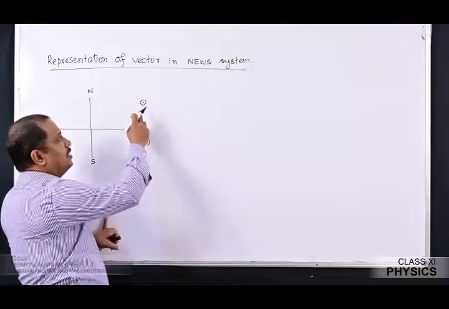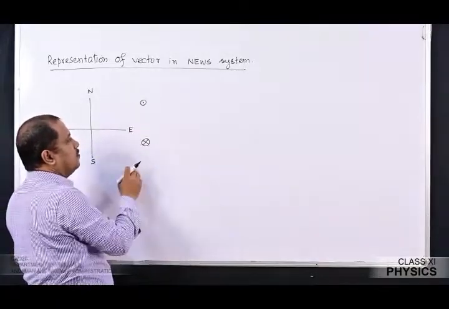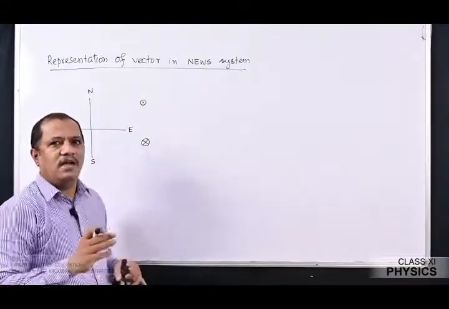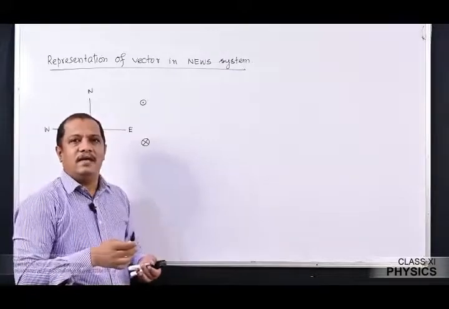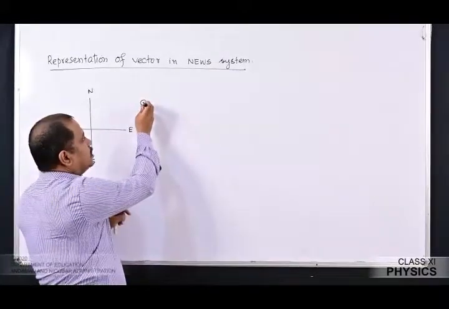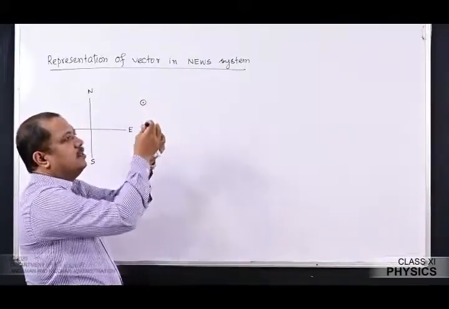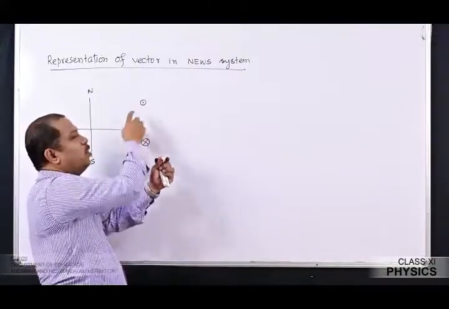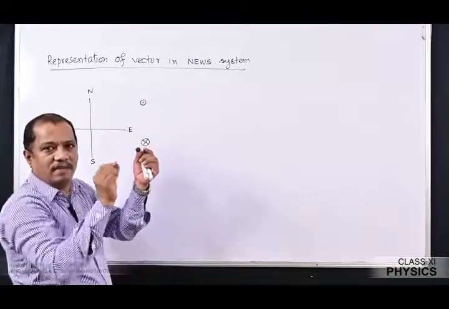It is usually said that this dot within the circle, this cross within the circle, these two represent an arrow. What it is said? It said that if an arrow is coming towards you, you can see the pointed tip of an arrow. So it is said that this point represents tip of the vector.